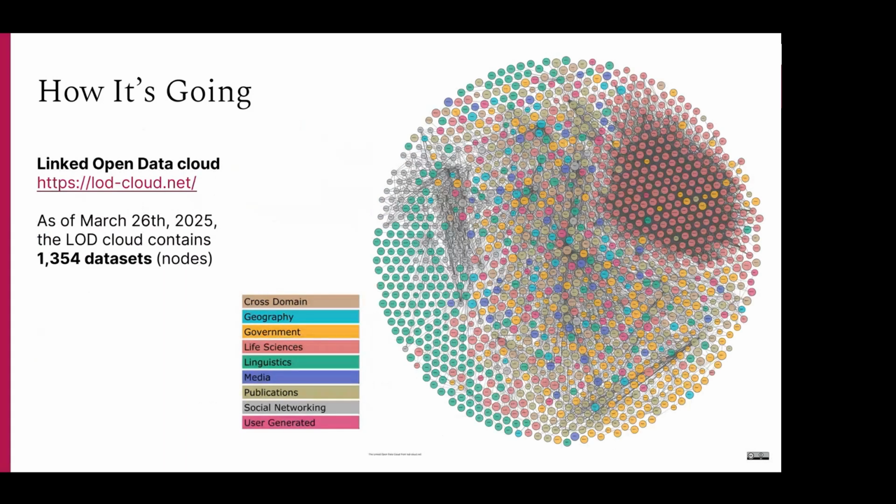So now the number of data sets listed in the linked open data cloud is 1,354 as of March this year, the latest release. This website, Linked Open Data Cloud, is managed by several universities, including the University of Galway.